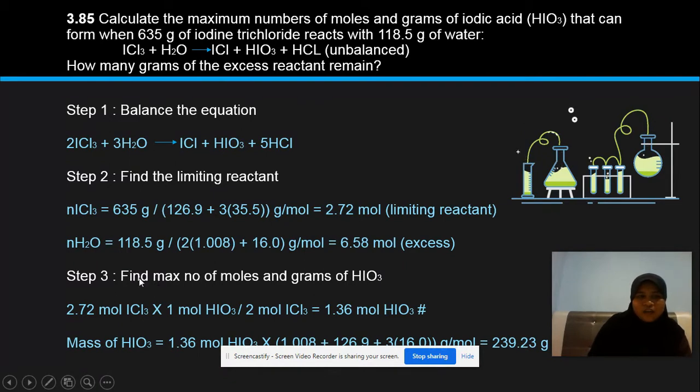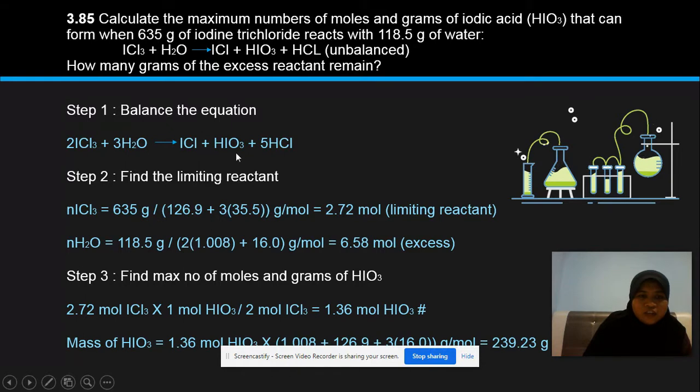Maximum means that we have to take the limiting reactant and we do stoichiometry. We must find the number of moles and grams of HIO3, right? So we take the HIO3 stoichiometry.